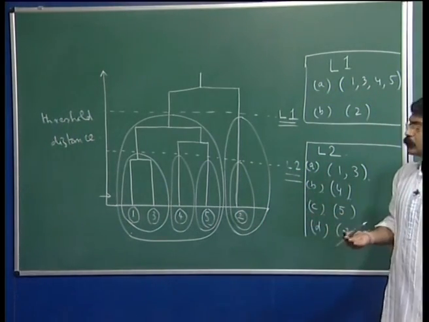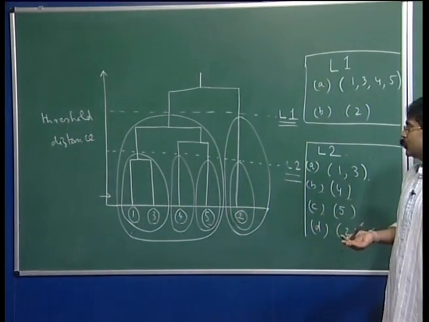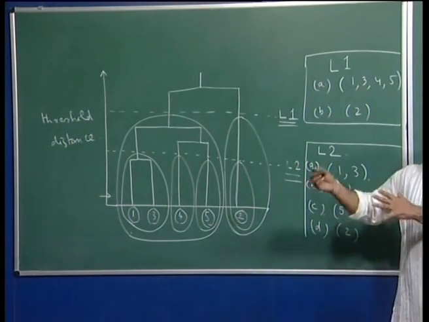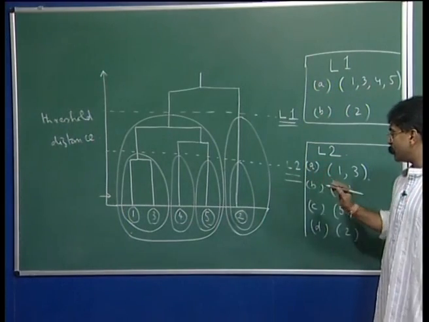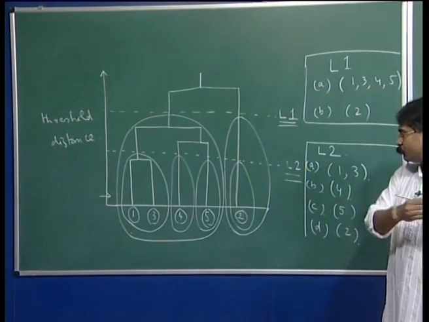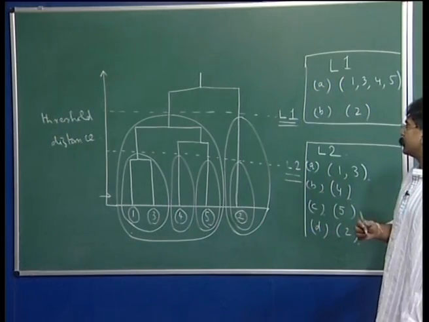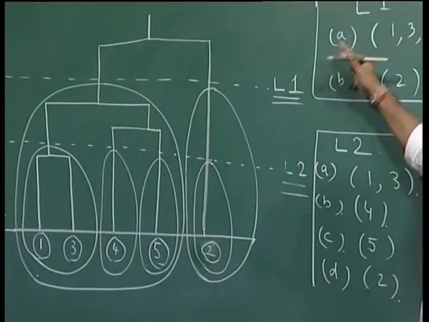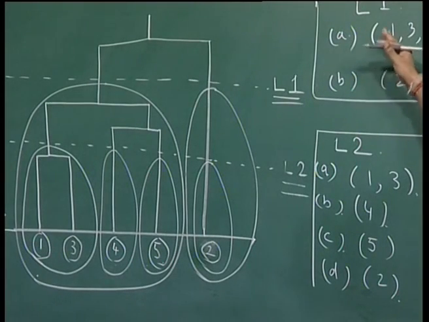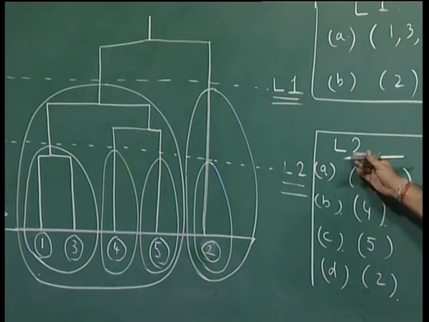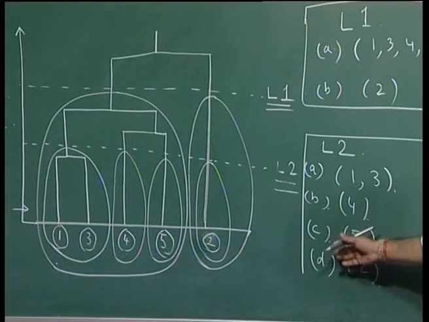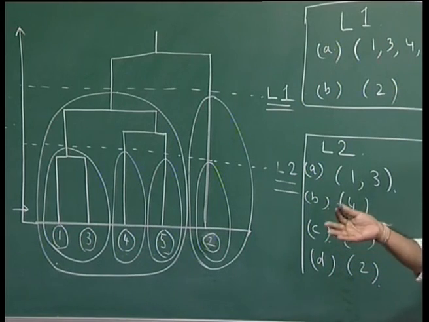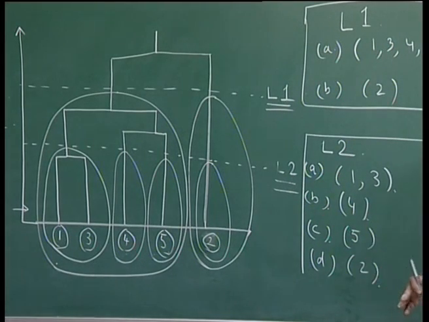So, the number of clusters that you are going to get when we are looking at the threshold distance to decide what is the partition of the data, that is what we will be having, the G number of groups, that is what I had written there. And the second point is that if you look at two different levels, then the clusters that are formed, this L1 corresponding to this, there are 2 clusters, and corresponding to L2 there are 4 clusters. These are either going to be disjoint or one would be totally contained within the other, right.